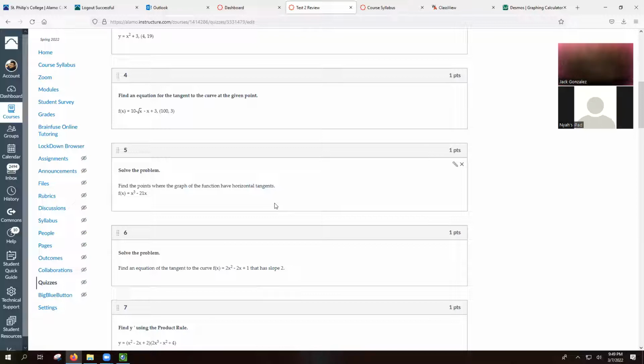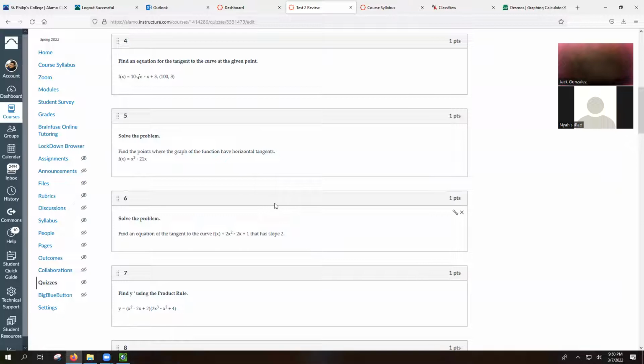So you're going to set the derivative equal to 2 instead. Do the same thing we did in 5. Set the derivative of the equation and solve for x.